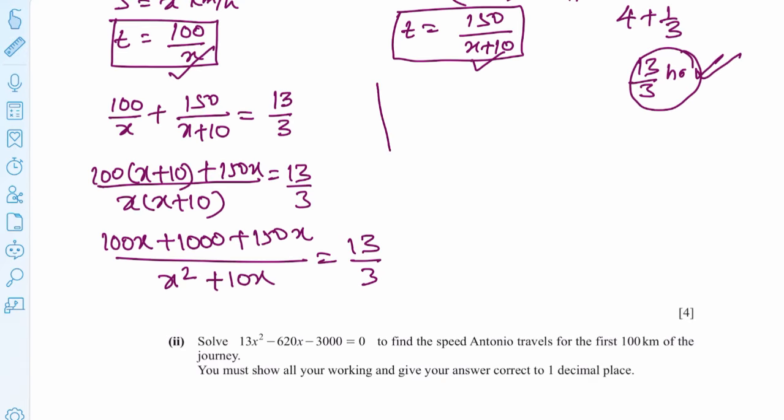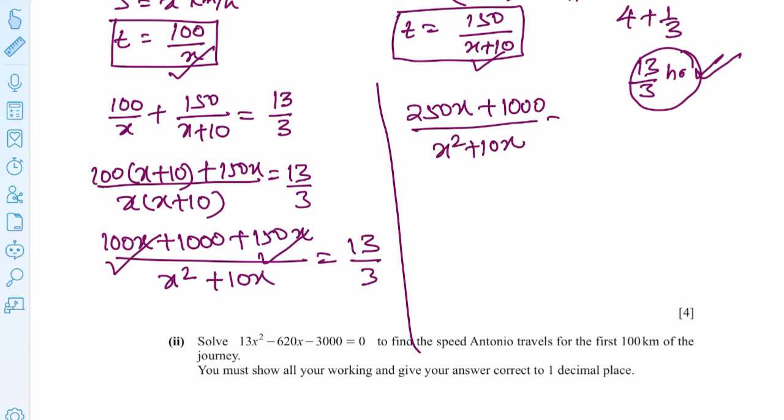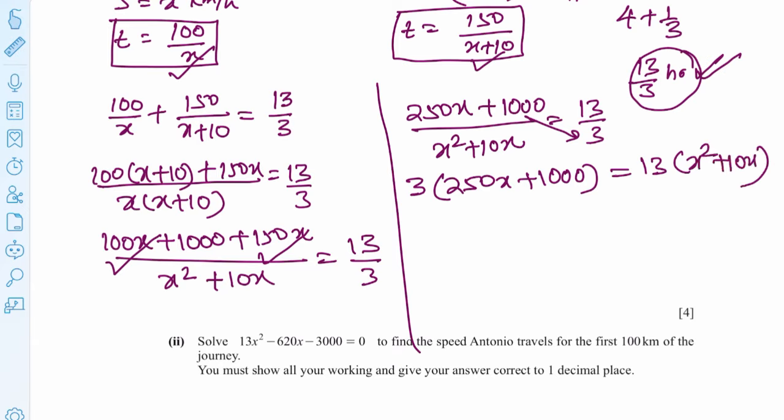Okay, now numerator: 100x plus 150x, I'm getting 250x plus 1000 over x squared plus 10x equals to 13 over 3, right? Now cross multiply, so 3 times 250x plus 1000, that equals to 13 times x squared plus 10x. So it will be 750x plus 3000, that equals to 13x squared plus 130x.